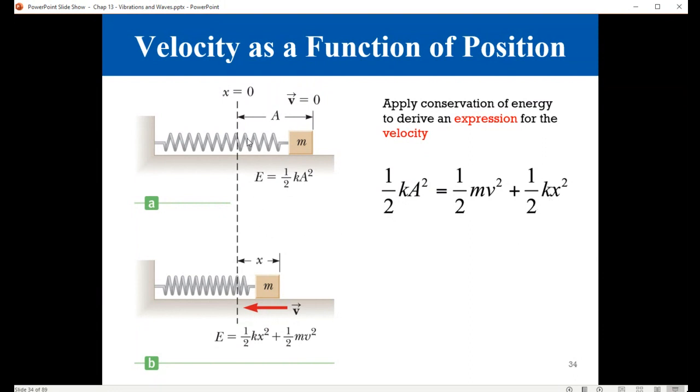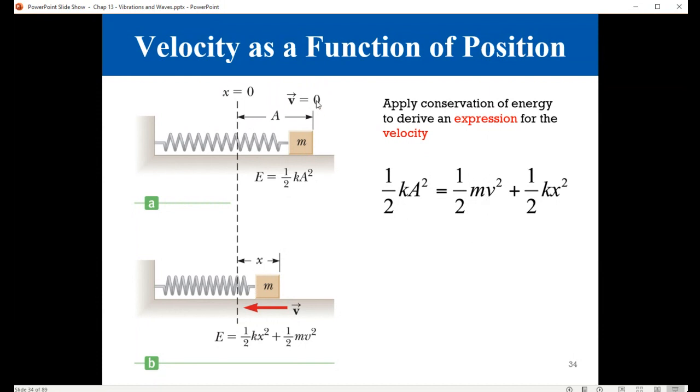When x equals 0, this part is 0. So when x equals 0, the energy will be all kinetic, right? This tells us something.